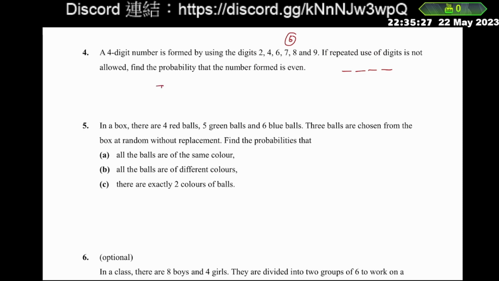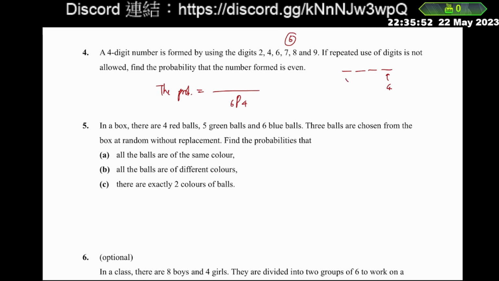So we can put the denominator first. The probability will be 6P4 for the denominator because we cannot use a digit again, and also the order is important. Now, if it is for even, we want the last one to be an even number. That means it's 2, 4, 6, 8, so out of these 4 we can choose.